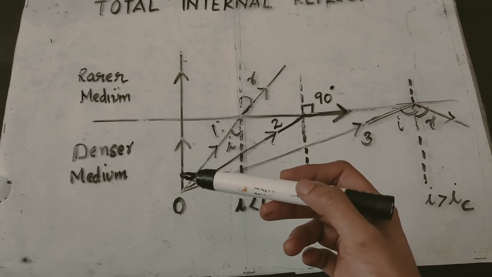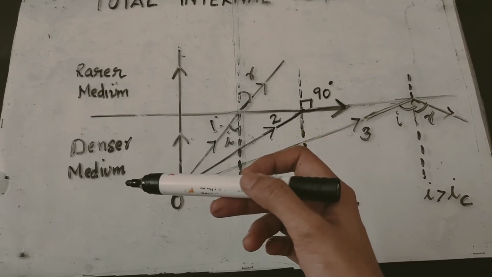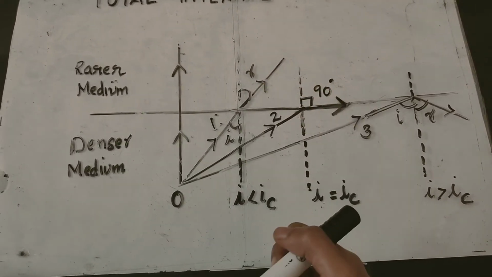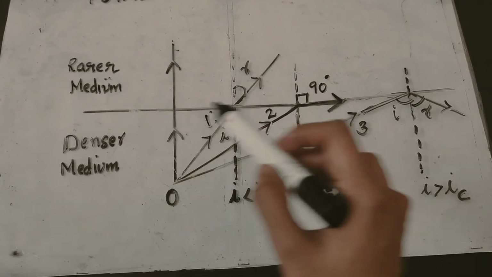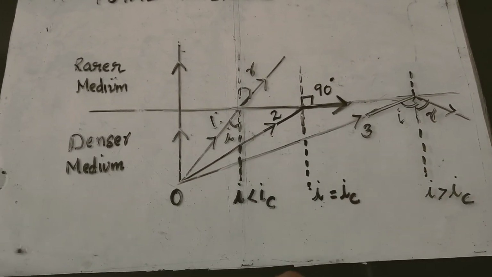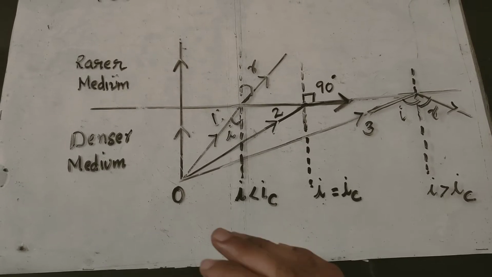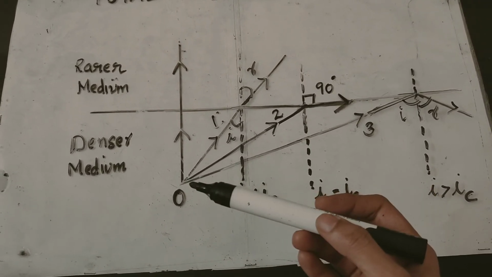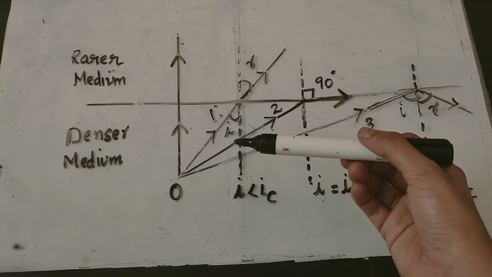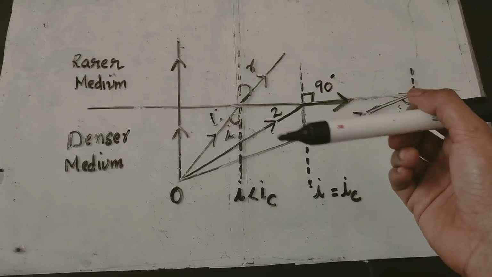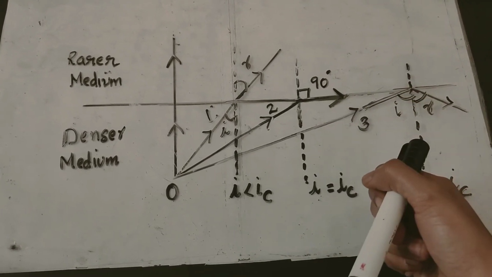If light passes from an optically denser medium to a rarer medium, then at the interface two things will occur. The light is partly reflected back into the denser medium itself.